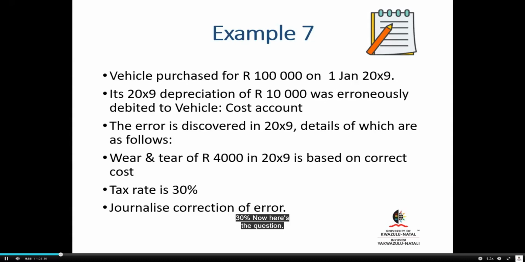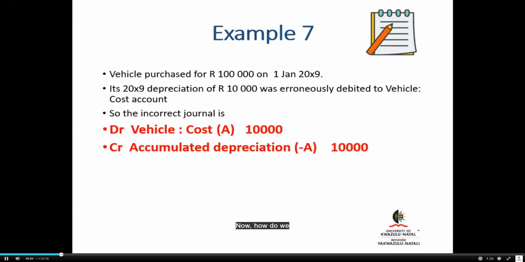Now, here's the question. Generalize the correction of error. How do we generalize the correction of error?